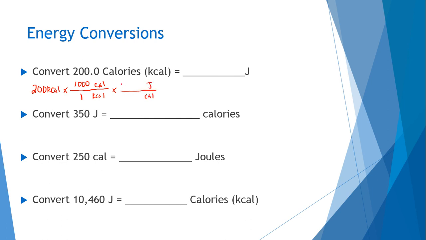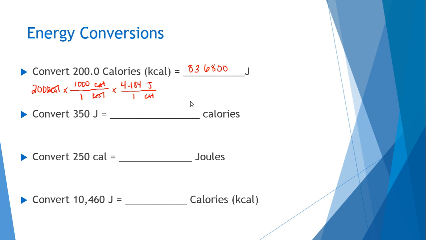Remember, our conversion on the previous slide was 4.184 joules for every 1 calorie. And now notice that my units are canceling. And I can go ahead and take 200 times 1,000 times 4.184, and you get your answer. Here I have 4 sig figs, so I'm going to make sure my answer has 4 sig figs.